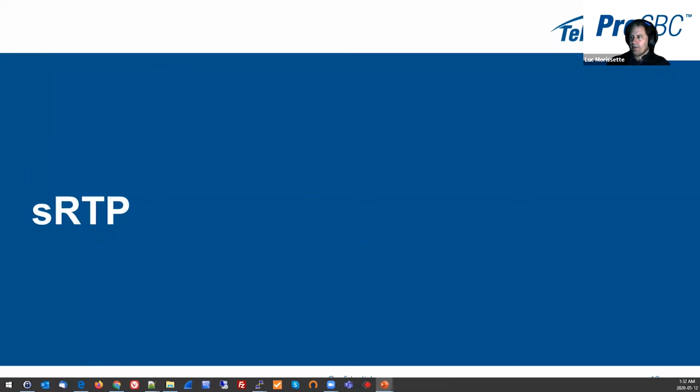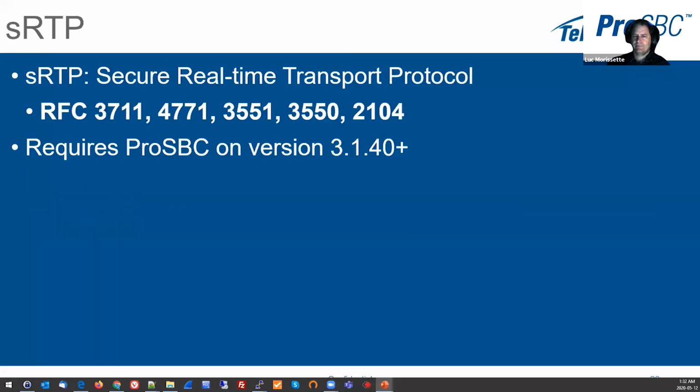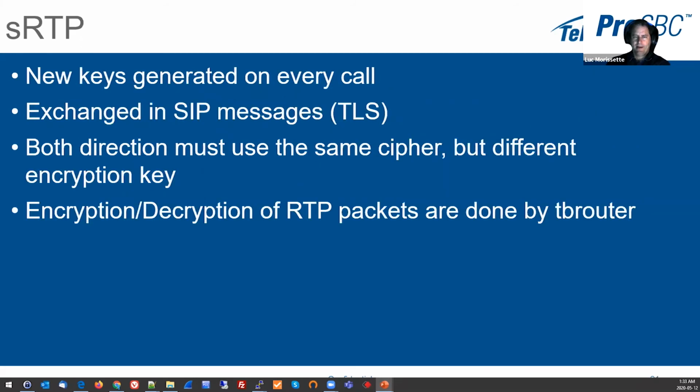Now, SRTP. It's the secure real-time transport protocol. It requires ProSBC version 3140 or more to support this. Now the difference here between SRTP and SIP TLS is that for each call, new keys are generated.